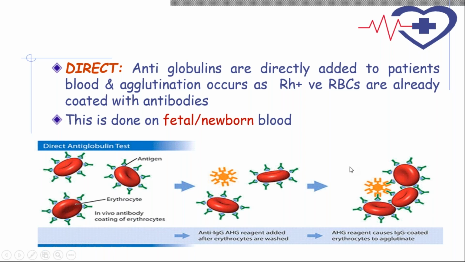If it is positive, then we know that on the surface of these Rh positive cells there are antibodies from the maternal circulation, and that is why the anti-IgG is able to agglutinate these cells.